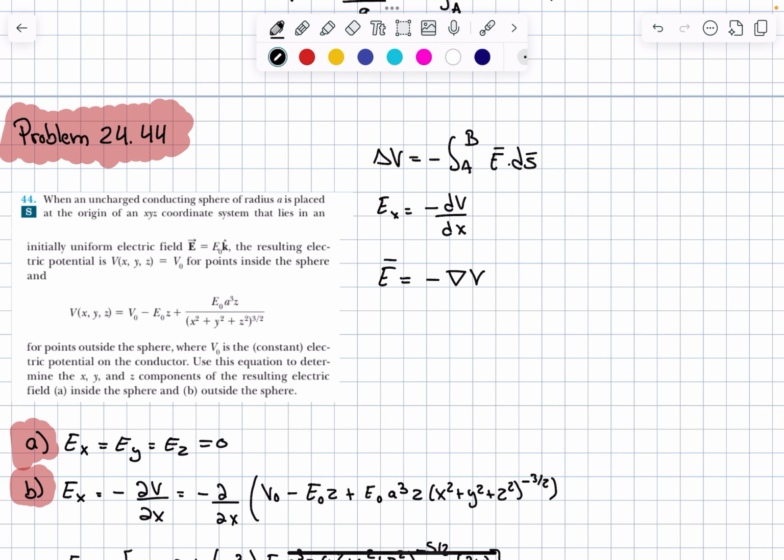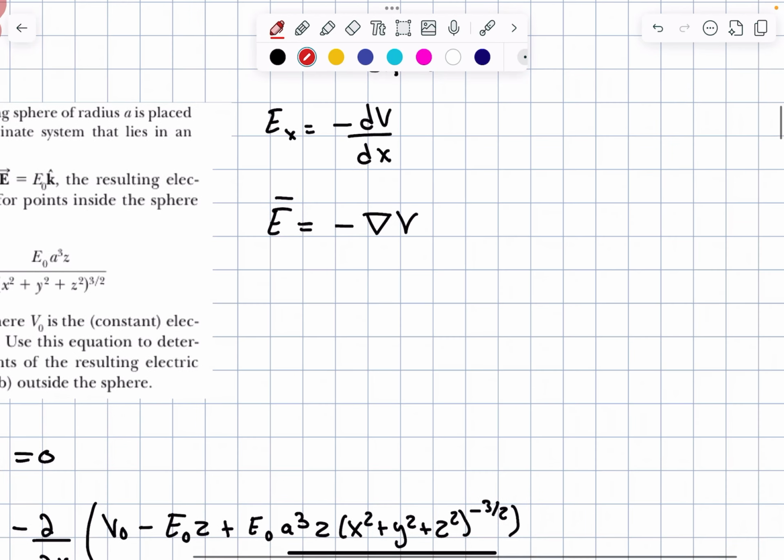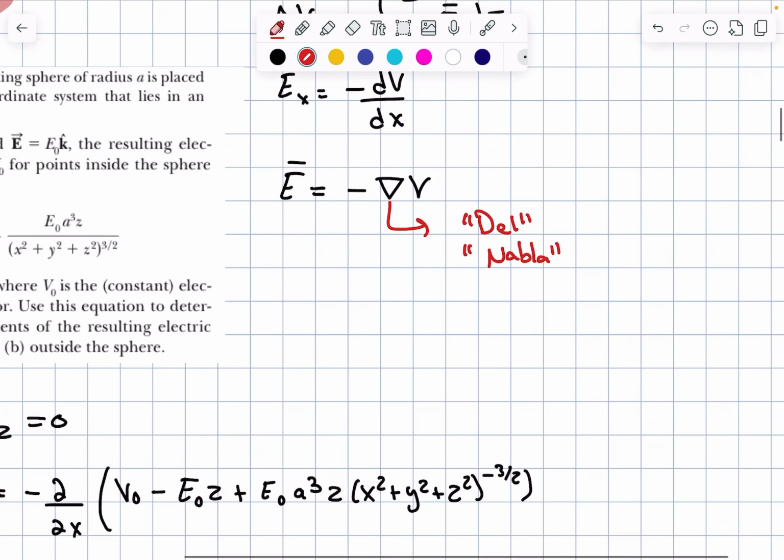Now this, if you've never seen it before, is known as the del operator or the nabla. It's basically an upside down delta. Del is equal to partial derivative with respect to x, and this is not a 2, it's like a little partial symbol, okay?